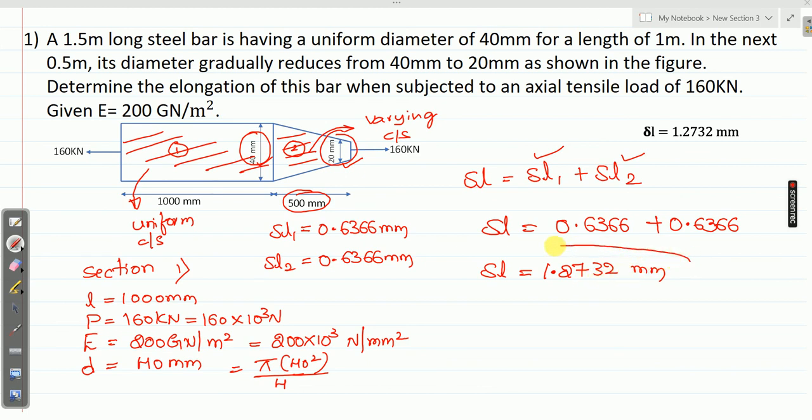This is the elongation for the given section.